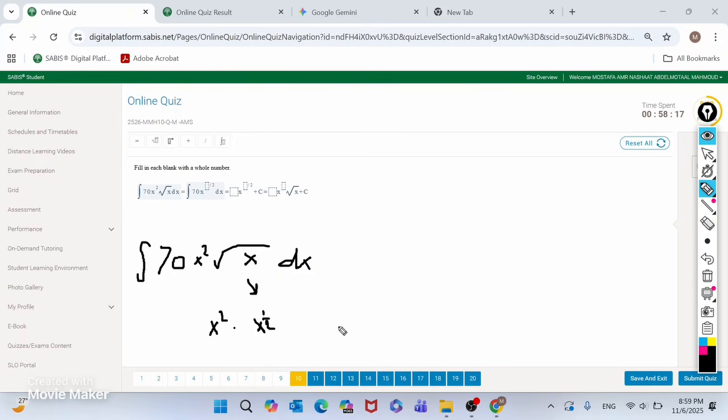So it's going to equal x to the power of 5 over 2. You didn't even integrate yet, you're just simplifying so far. So 70 x to the power of 5 over 2. That's the first step.